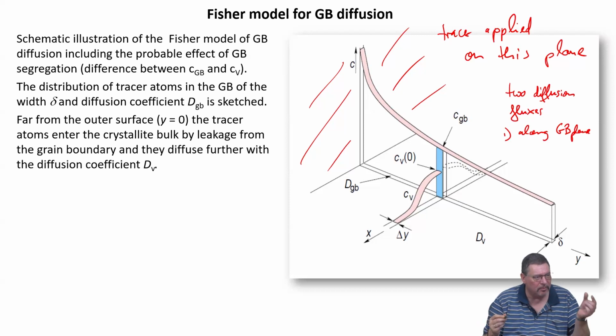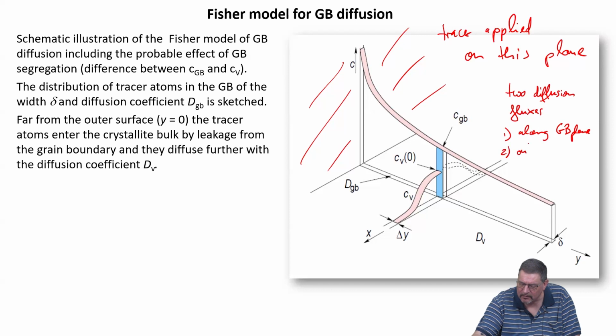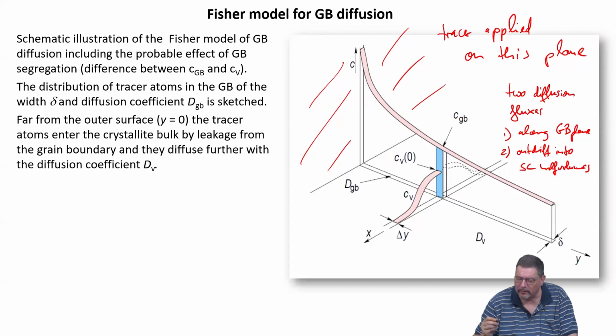Plane means a slab of thickness delta. And the second, out diffusion into the single crystalline half volumes.